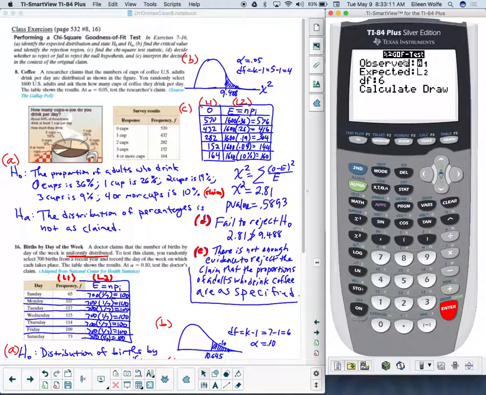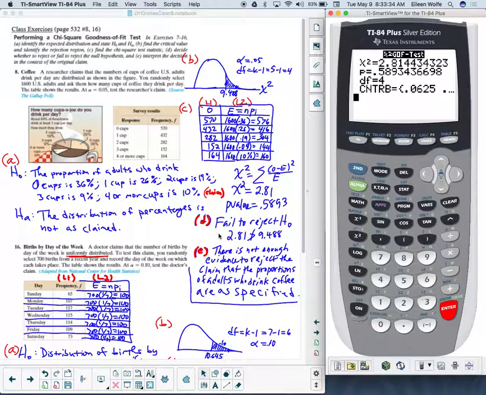Notice the test is expecting us to have already entered the observed counts in list 1 and the expected counts in list 2. We have to tell the test how many degrees of freedom we have. In this example, it's 4. And then we calculate Chi-Square. As you can see, I got 2.81 and this p-value 0.5893.